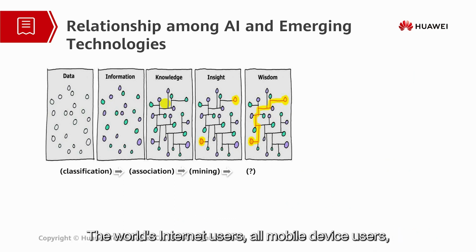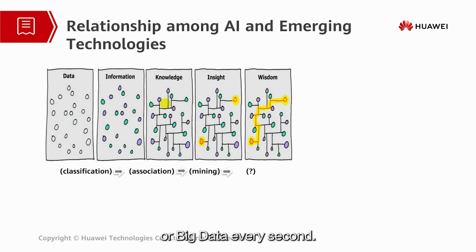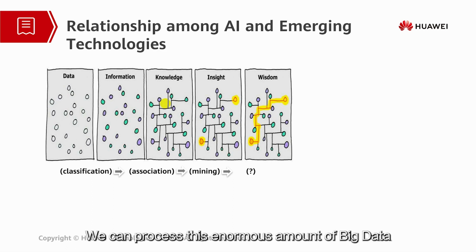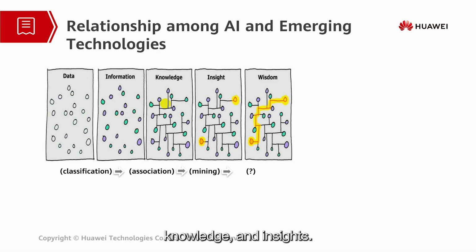The world's internet users, all mobile device users, machines, servers, labs, sensors, various devices, satellites, etc., are generating a huge amount of data, or big data, every second. We can process this enormous amount of big data and mine valuable information, knowledge, and insights. All kinds of AI services need this knowledge or insight.